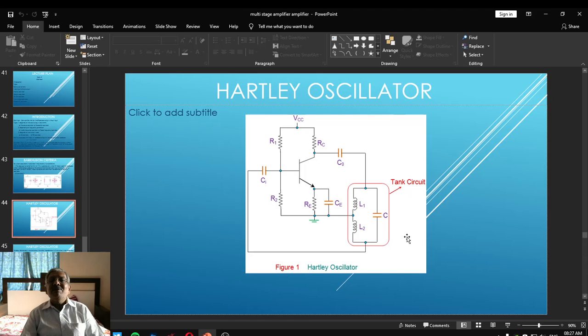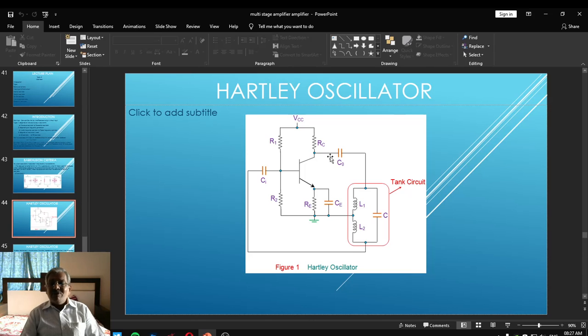Students, please do remember that as a transistor used as an amplifier is in the common emitter form, we are well aware that the phase shift between output of the amplifier and that of the input is 180 degrees.